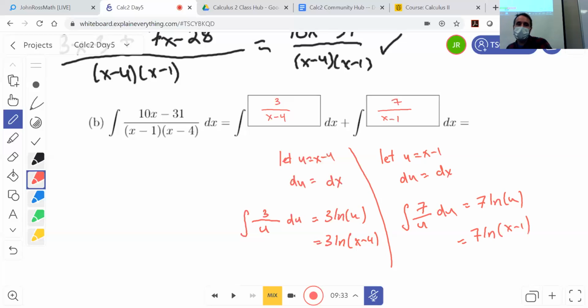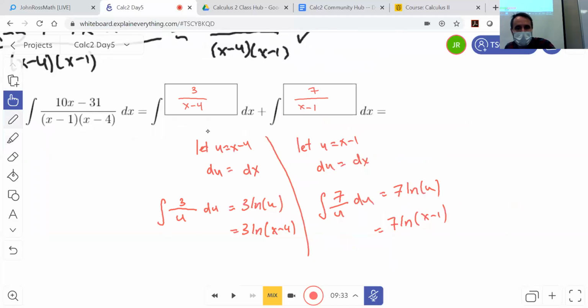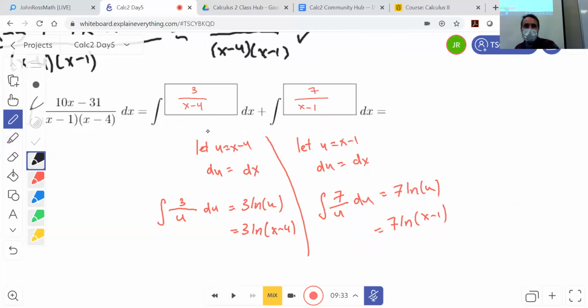Okay, so when the dust settles, and I'm gonna pause here for a second because I've been lecturing for far too long already. When the dust settles at this point, we end up seeing that we get the antiderivative of 3 over x minus 4 plus the antiderivative of 7 over x minus 1.